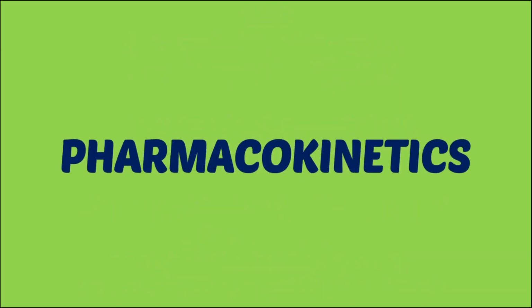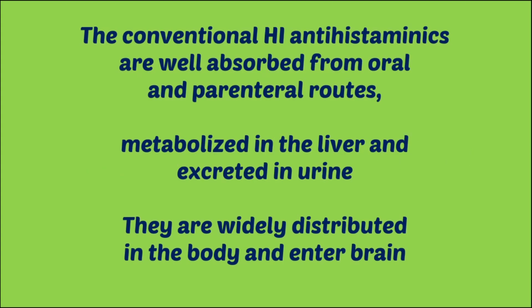Moving on, pharmacokinetic properties. The conventional H1 antihistaminics are well absorbed from oral and parenteral routes, metabolized in the liver and excreted in urine. They are widely distributed in the body and enter the brain. As we know, whenever these H1 antihistaminic drugs are given, they are easily absorbed from our GI tract.